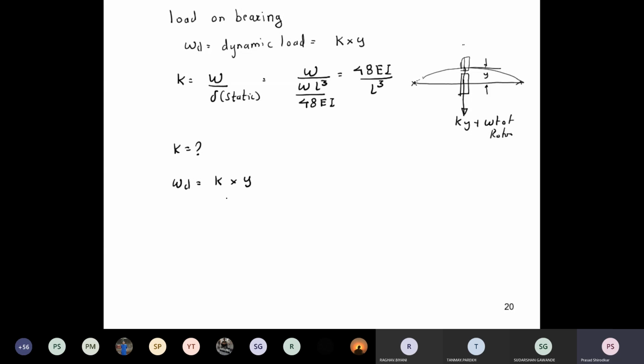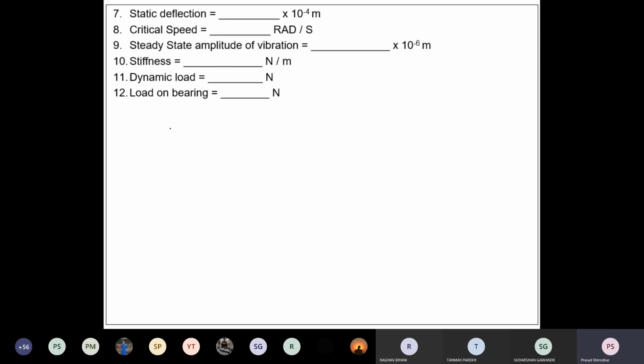Then calculate the load on bearing, that is equal to WD dynamic by 2 plus W, the self weight, by 2. That is RB, the bearing load. Alright, and then answer the quiz.